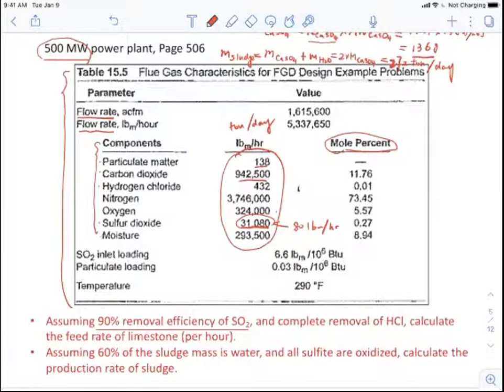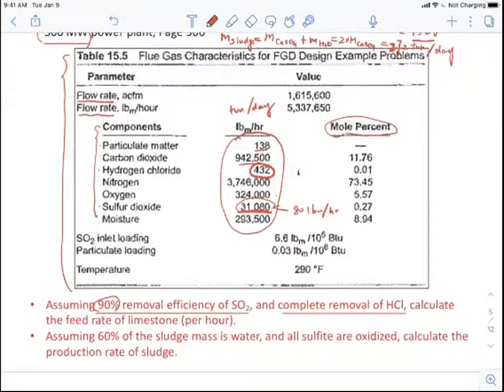So we set our goal to remove 90% of the sulfur dioxide flow rate here, and also the complete removal of the hydrogen chloride. The hydrogen chloride is more toxic, but at the same time, it reacts faster with the limestone or the trona. So we could set the goal of complete removal of the hydrogen chloride.